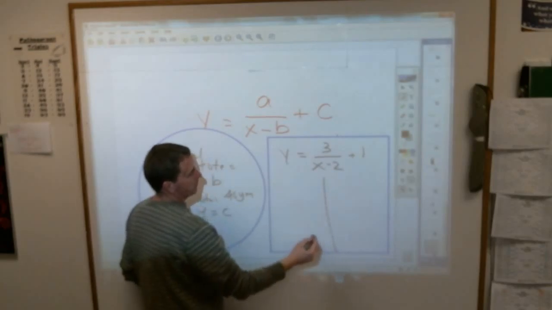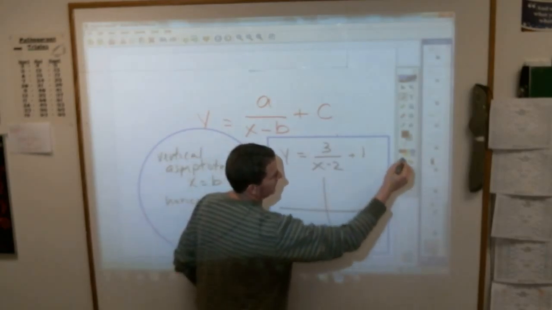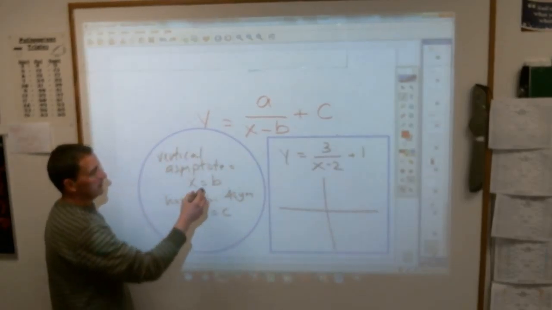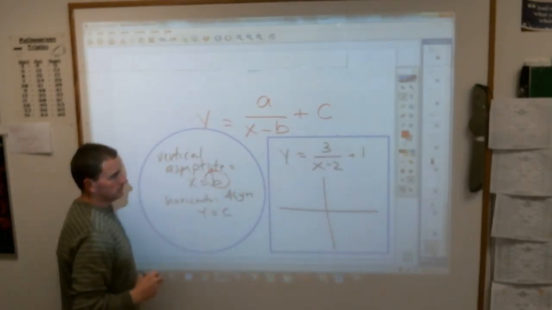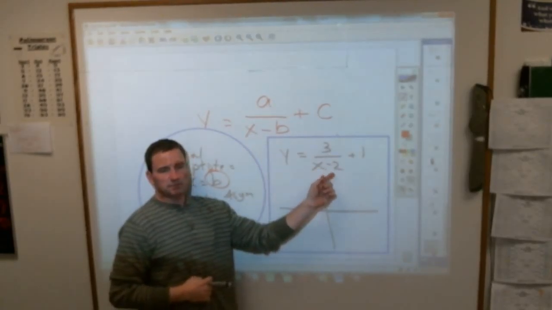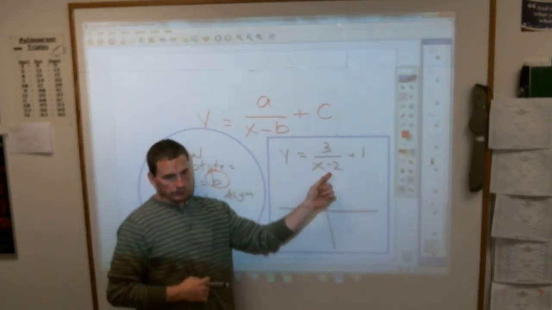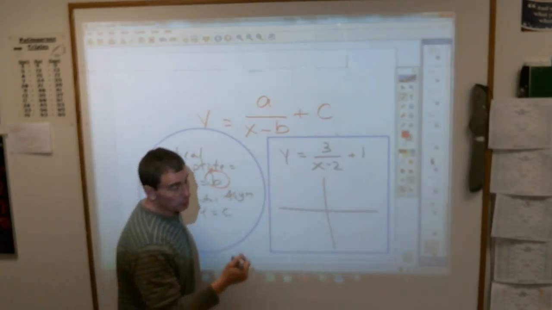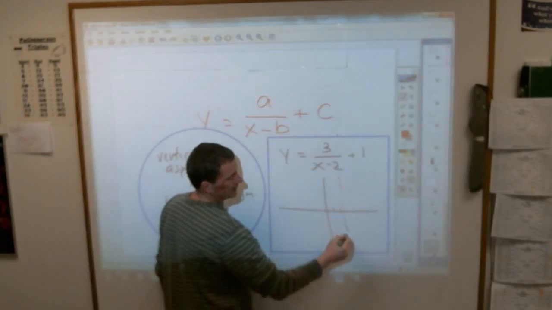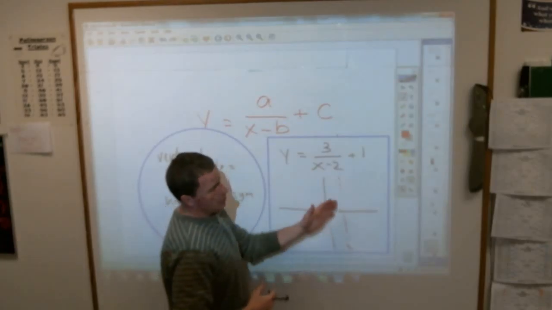Here is the quick graph of that. First thing you do is try to figure out what the letter b is. Well, b is the one that's x minus something, so the letter b is 2. So where x is 2, you draw a dashed line, because that is the vertical asymptote.